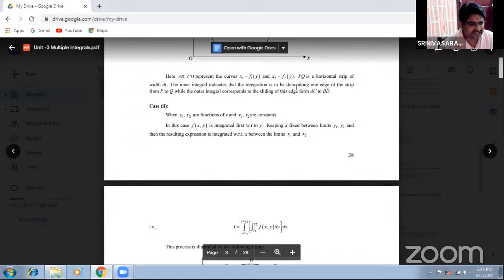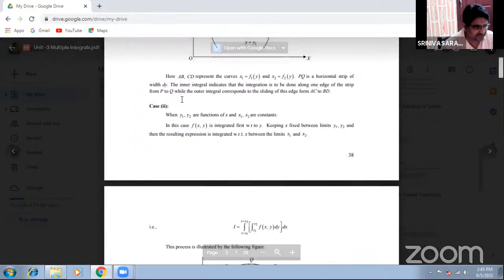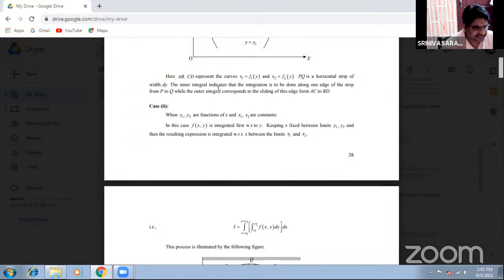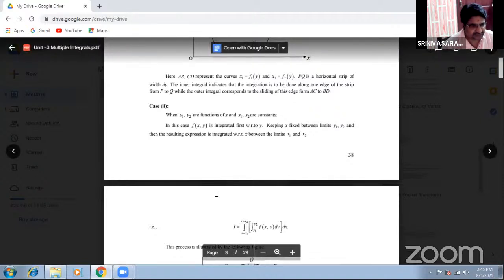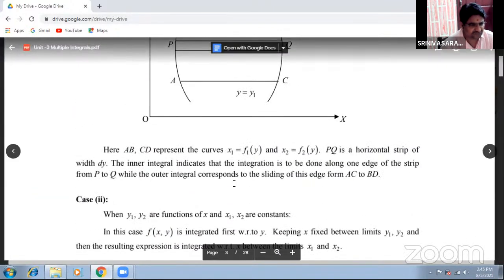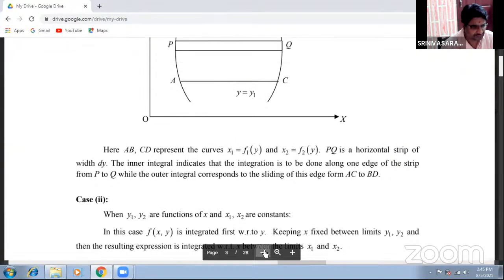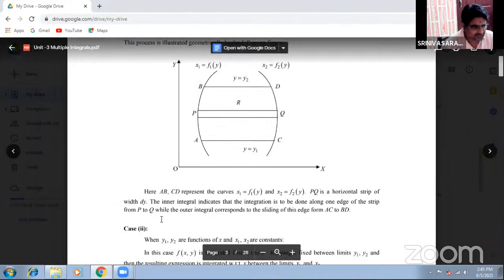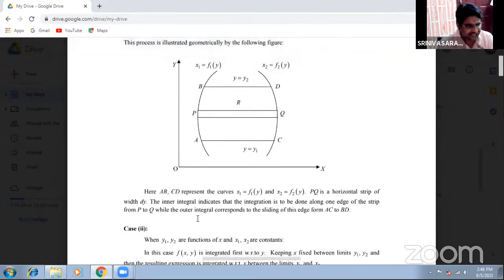This is a horizontal strip of width dy. The inner integral indicates that the integration is to be done along one edge of the strip from P to Q, while the outer integral corresponds to the sliding of the edge from AC to BD.